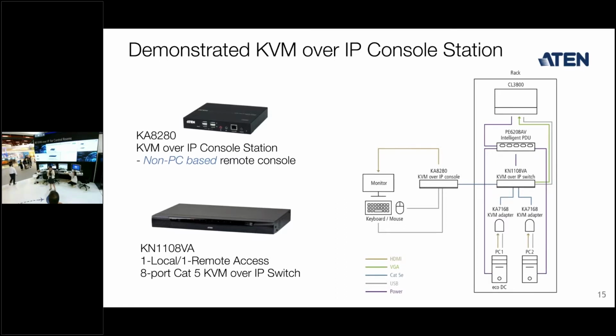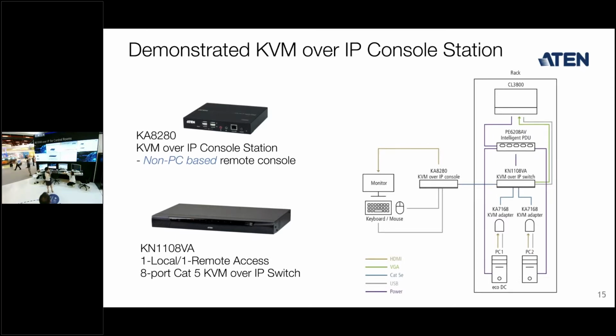The next one is the KN console station, the new product KN8280. Here you can see the blue words, non-PC based console. A typical user who wants to access our KVM over IP uses a general purpose PC to run a browser and connect to our KN and to the servers.